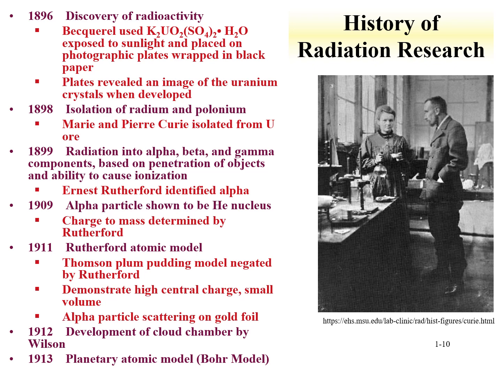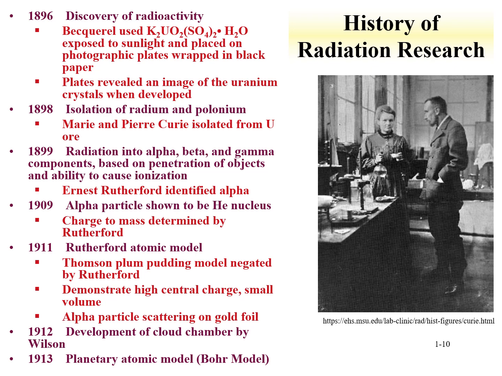So a little over 100 years ago, in 1896, Becquerel discovered radioactivity. Becquerel had this salt, potassium uranyl sulfate, and he exposed it to sunlight, and he wrapped it in photographic plates, and he put that in black paper. The photographic plate at the time was still kind of early material back in the late 1800s.